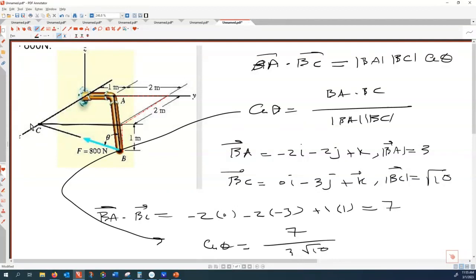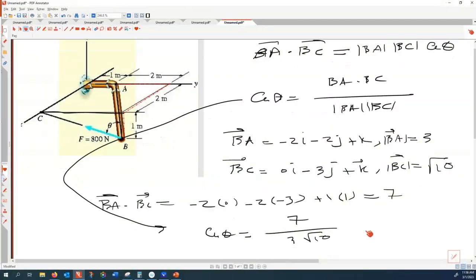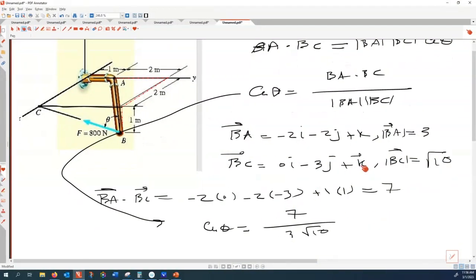So F and BC share the same unit vector. We agree? So let's find the unit vector of BC, which is the unit vector of F. That is BC divided by its magnitude.